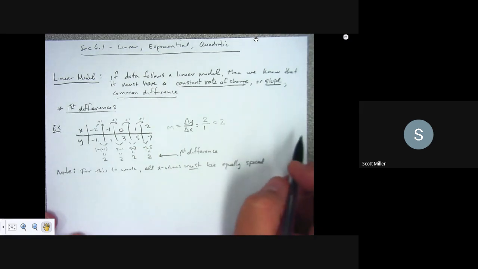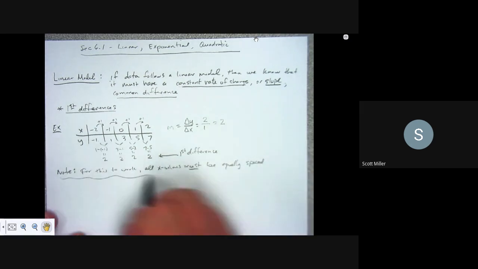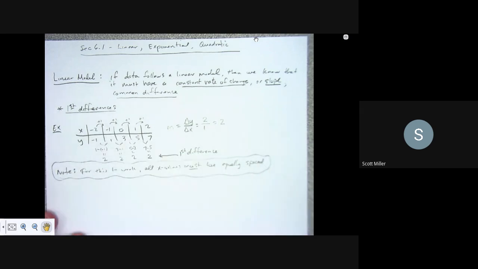Okay? Equally spaced. So this is kind of an important concept here. I can't have this going by +1 and this by +2 because I have to be able to show that consecutive term aspect to get the first differences.